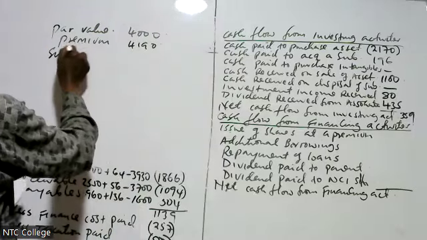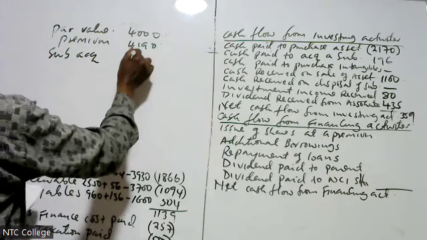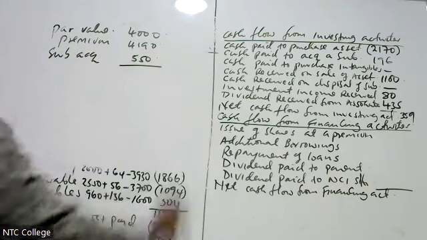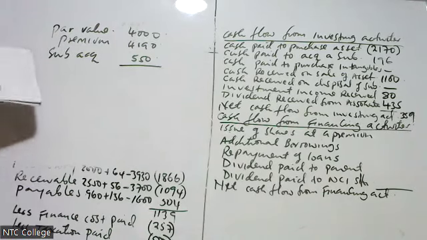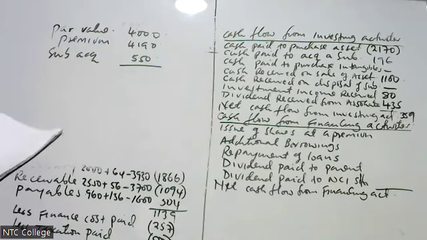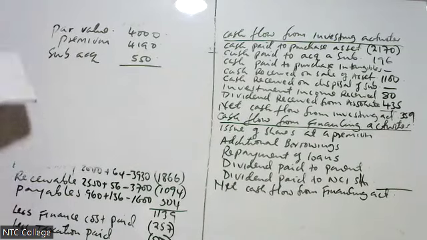Then subsidiary acquired. We acquired the subsidiary, we issued 550. Note number 3, we issued shares that we add to the opening balance.